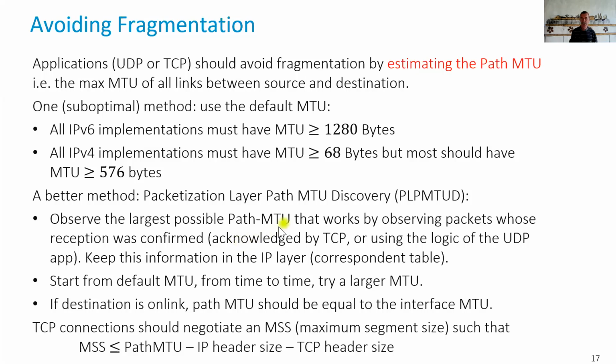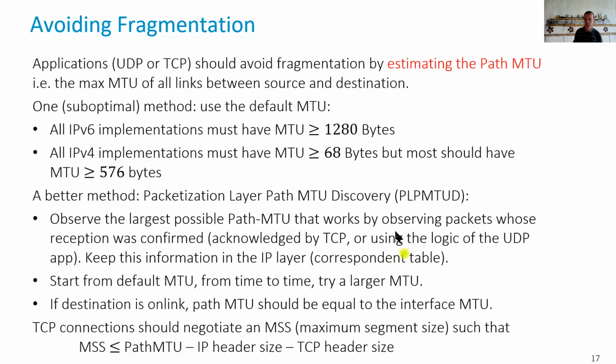For example, if TCP sends a packet of a given size and it was acknowledged, then we know that this size of packet is lower than or equal to the path MTU. Similarly, if I have a UDP application, for example DNS, that sends a DNS request and I receive a DNS reply, even if my request is very large, I know that the packet I created was not too large.